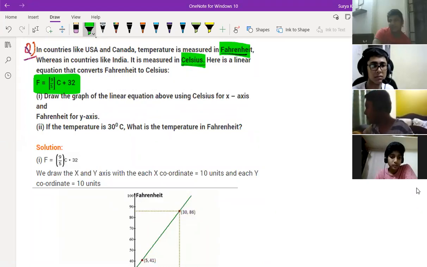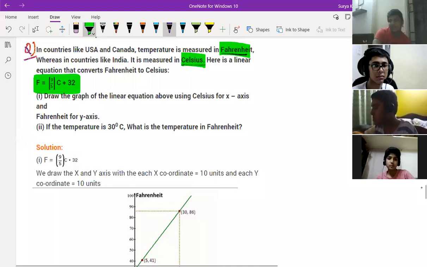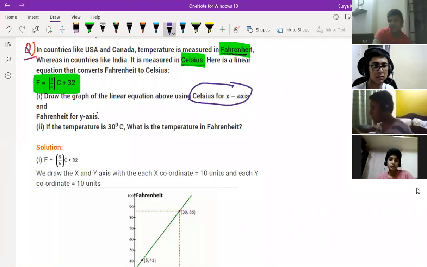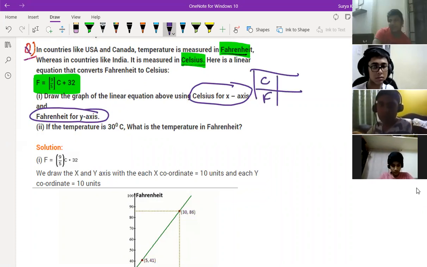So draw the graph for the linear equation above using Celsius for the x-axis. On the x-axis you have to consider Celsius, and the y-axis what? Fahrenheit. Understood what I'm saying? Here you can put C, here you can write F. Like this you can do.